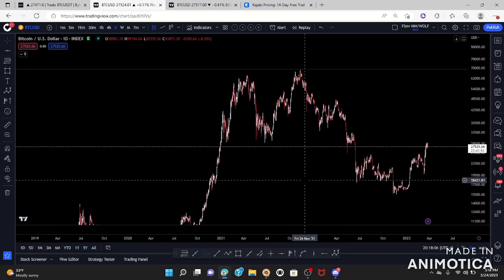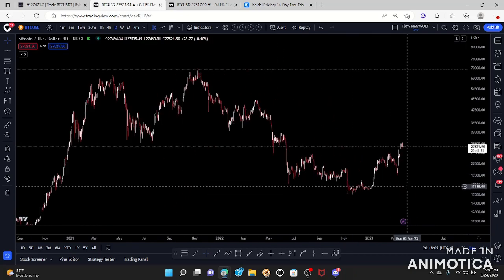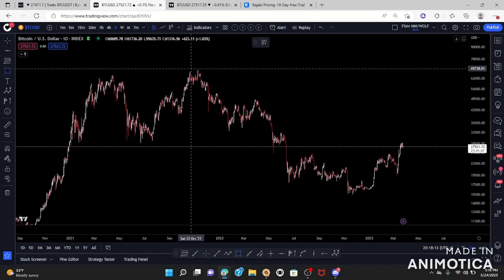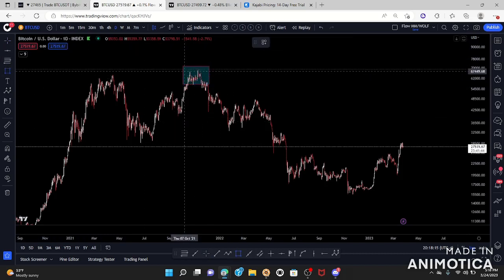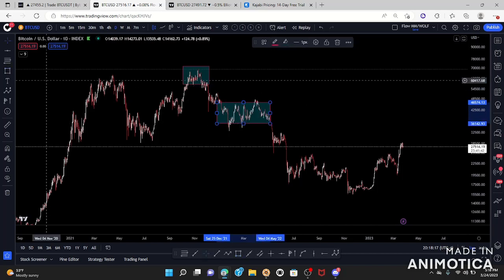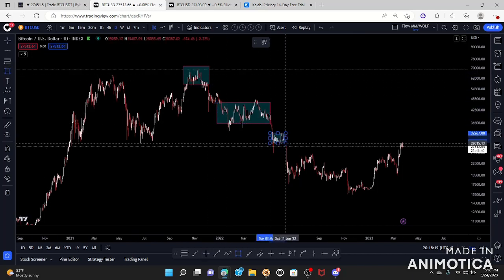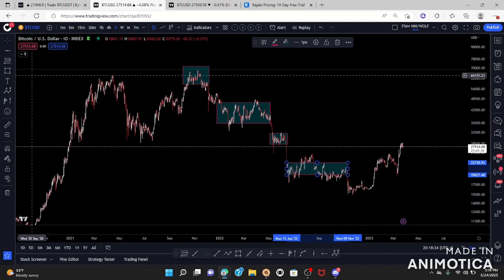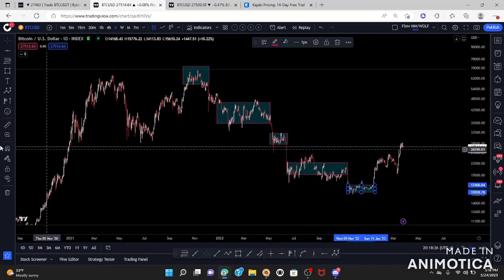It is important for you to understand that the charts work in a repeating cycle. They work in contraction phases, trend, contraction phases, trend, contraction phases, trend, contraction phases, right? Trend, contraction phases.